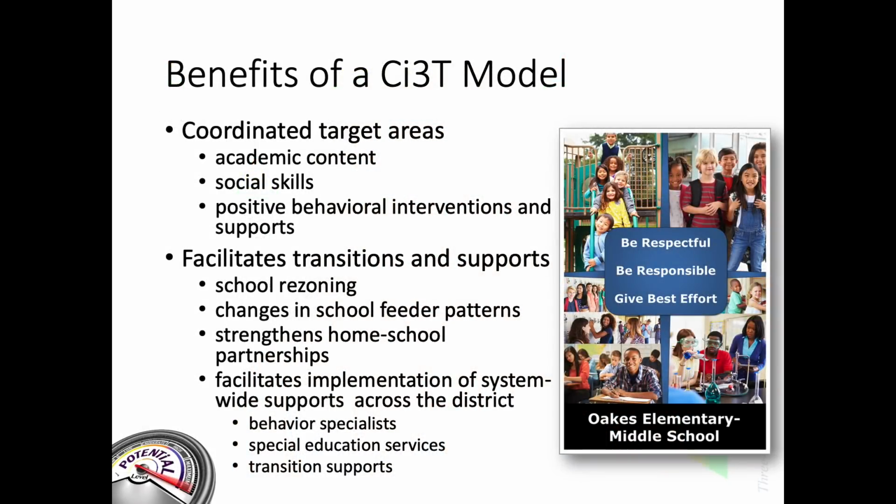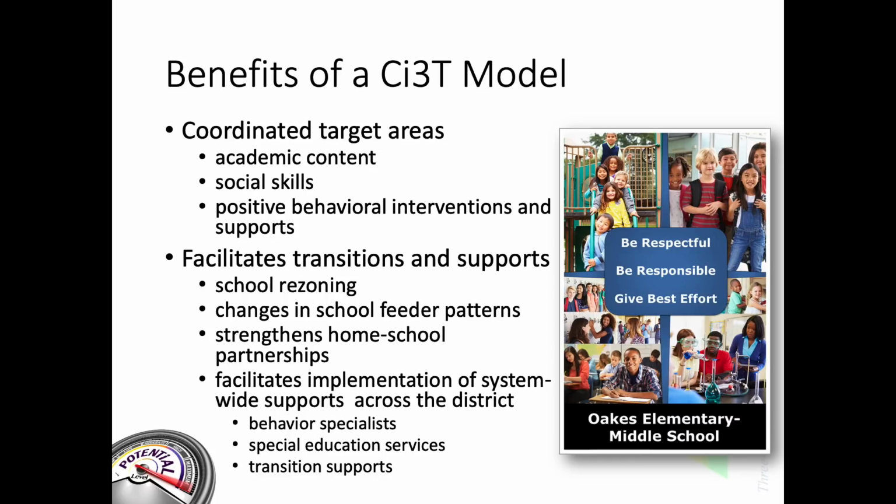Some additional benefits of the Ci3T model of prevention include a mechanism for coordinating targeted areas such as academic content, social skills, and positive behavior interventions and supports. If you think about this from a district perspective, if you had a clearly defined Ci3T model for elementary, middle, and high schools in your district, the academic behavior and social skills instruction and additional supports would become completely transparent to teachers and to families and to students.